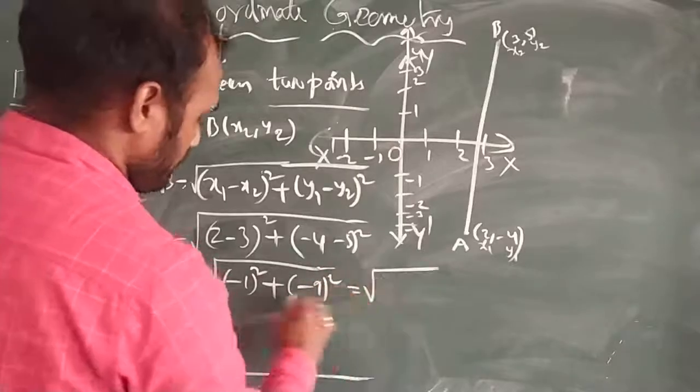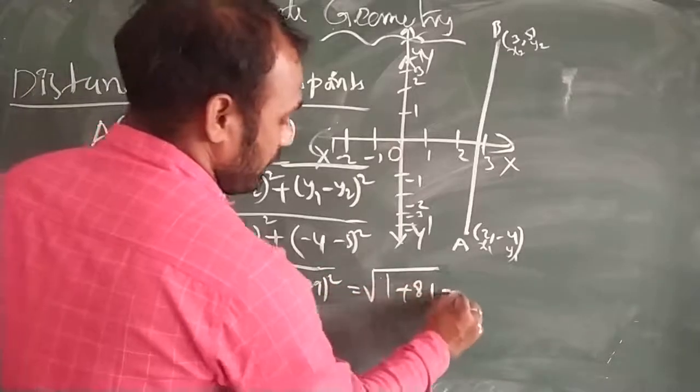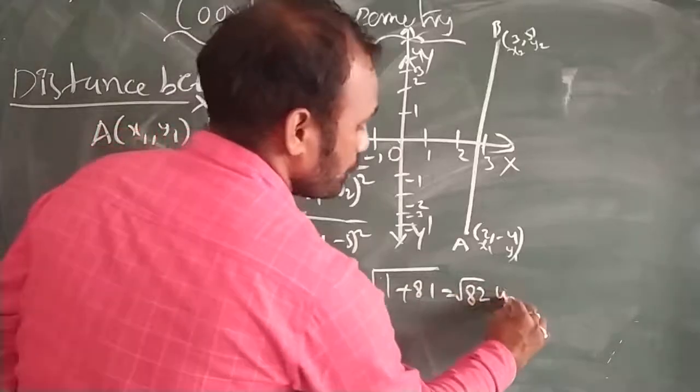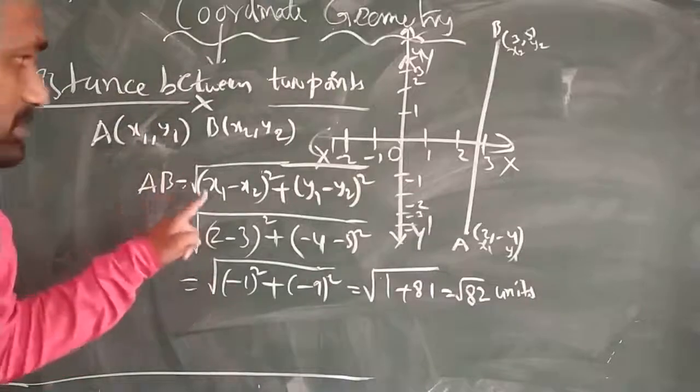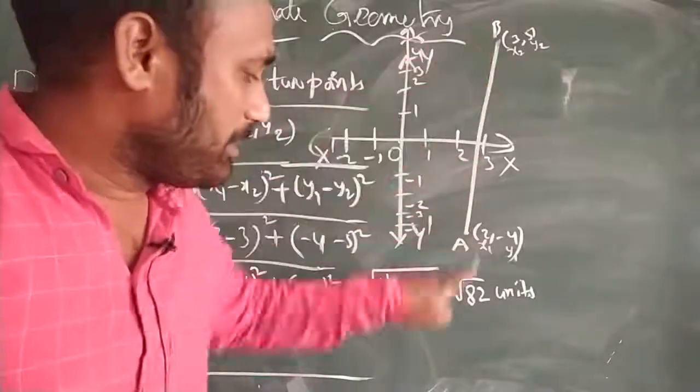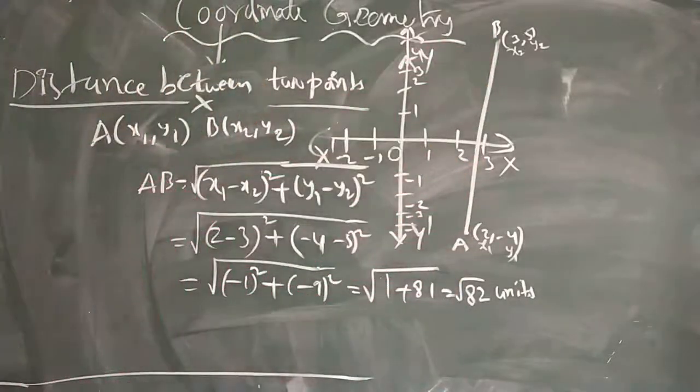That is root of 1 plus 81, which is root 82 units. So the distance between the 2 points A and B is root 82 units.